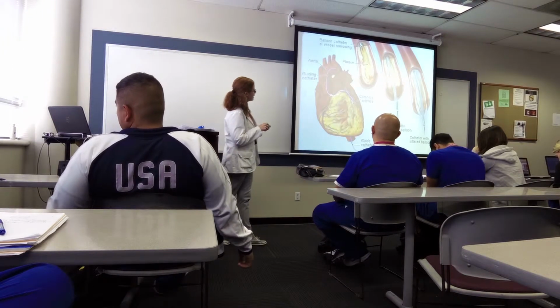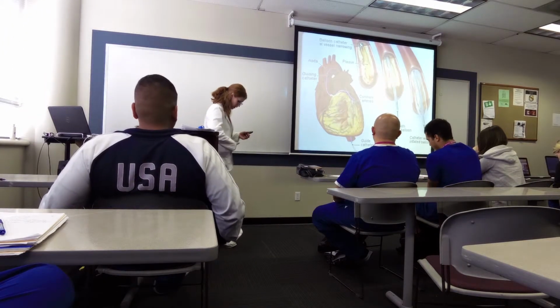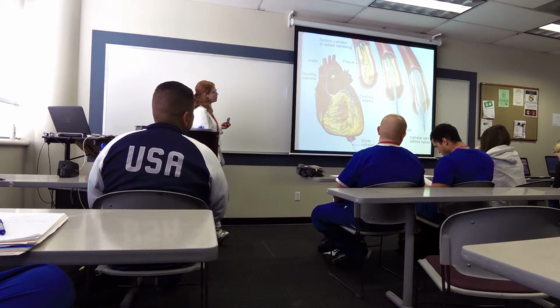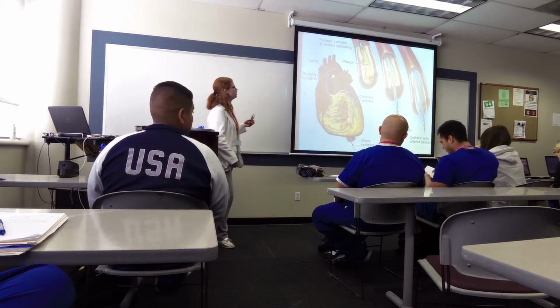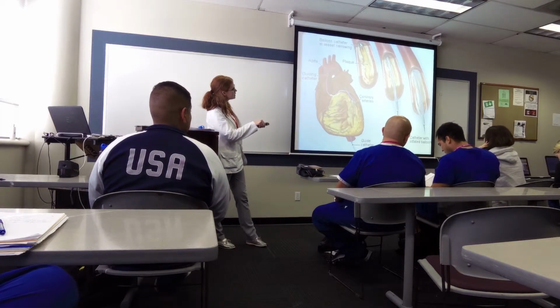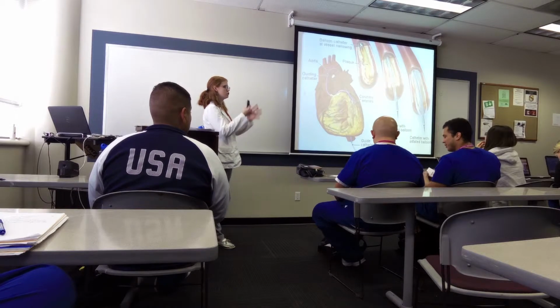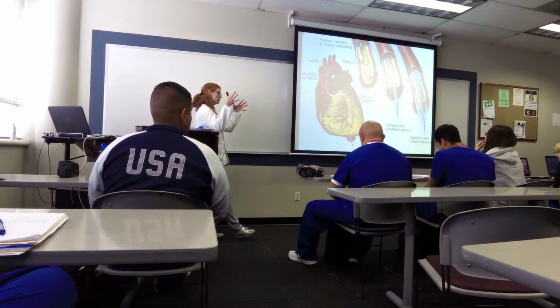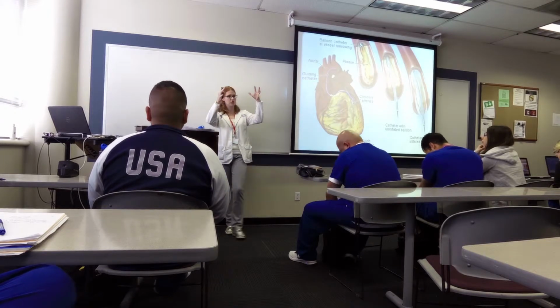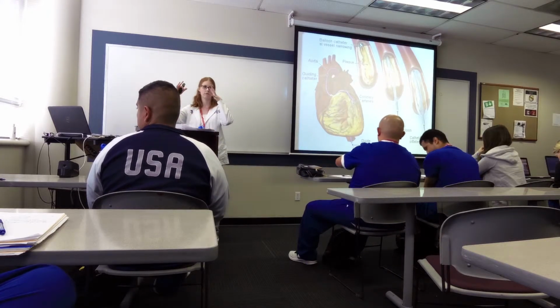So they take a catheter, usually through your femoral artery, and then they go all the way up into the coronary arteries, and then they inflate a balloon to open up the artery wall. And sometimes that balloon has a metal cage over it, and they leave the metal cage there to hold the artery open.